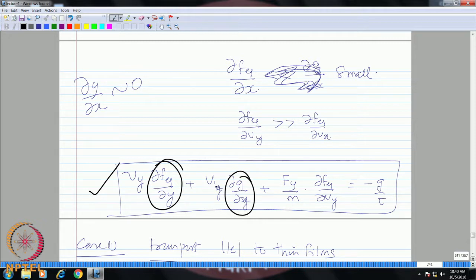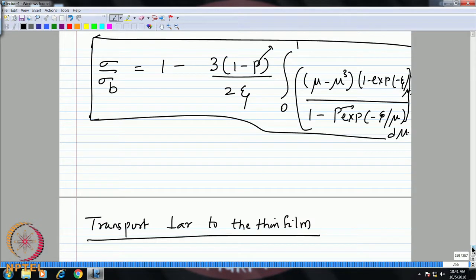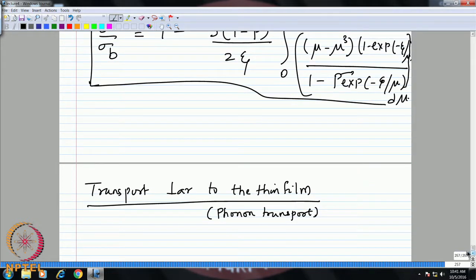Now if you solve this, I will give you the final expression. I will write the final expression in terms of the intensity. Right now I will only give you the expression for phonon transport, because that is what you are going to do in the numerical solution also, and I am going to express this distribution function in terms of intensities.